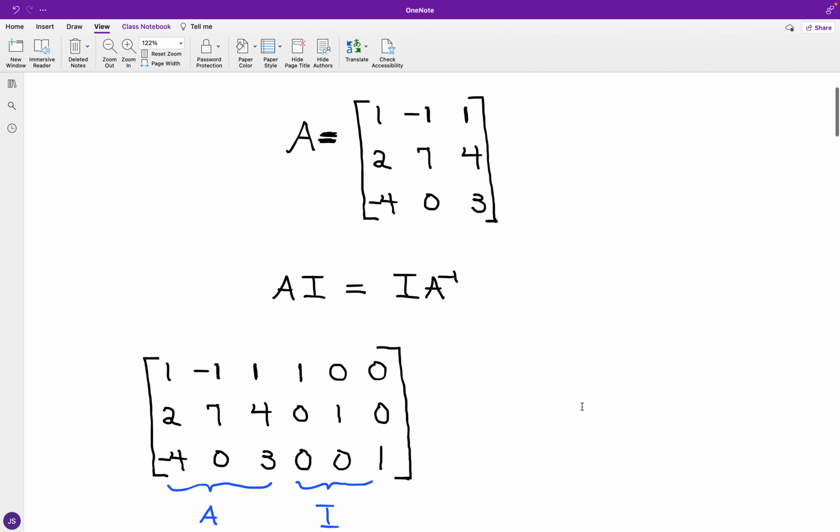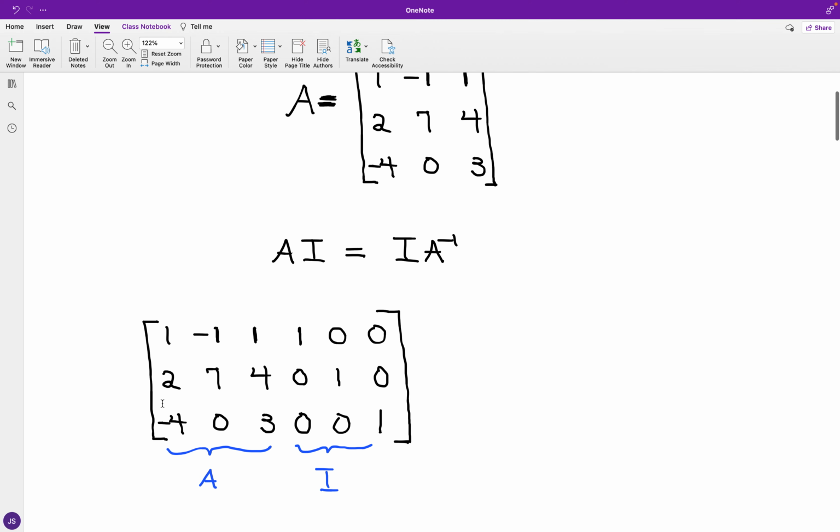So for A times I, I have the elements from matrix A, and for a 3 by 3 identity matrix, you have ones running diagonally, and the rest of the elements are 0.